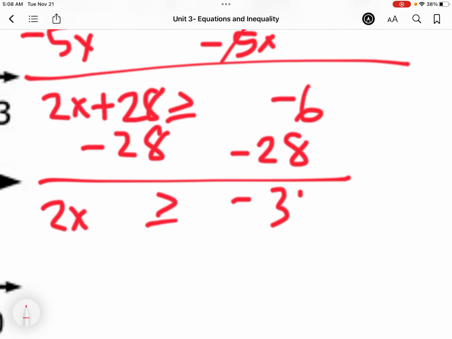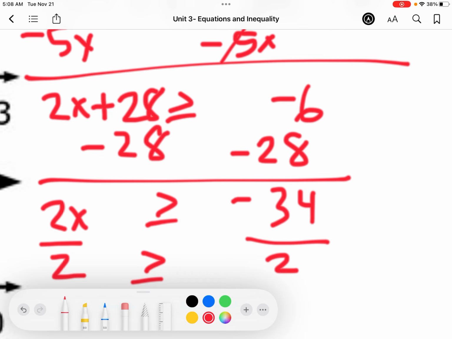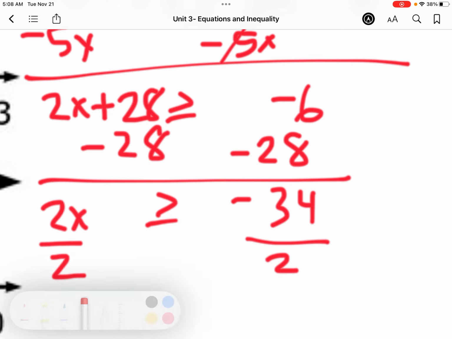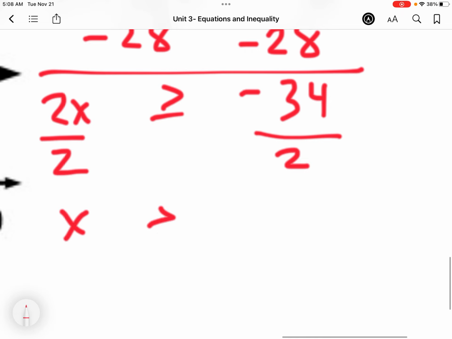Negative 34. Divide by 2. X is greater than or equal to negative 17.